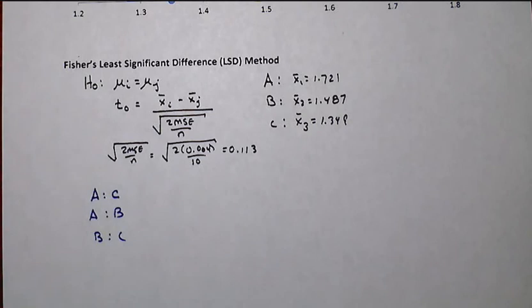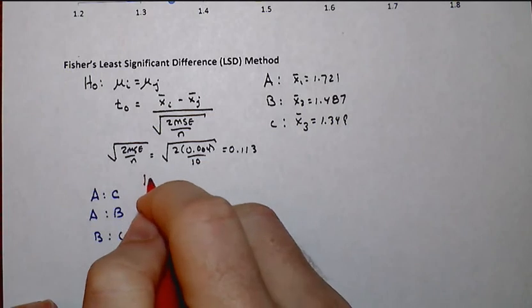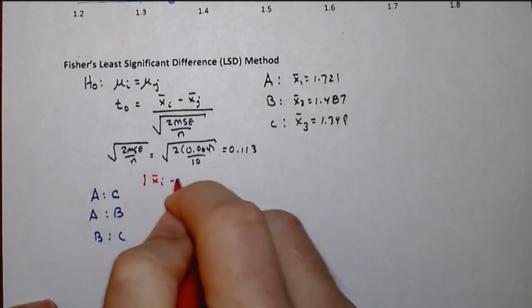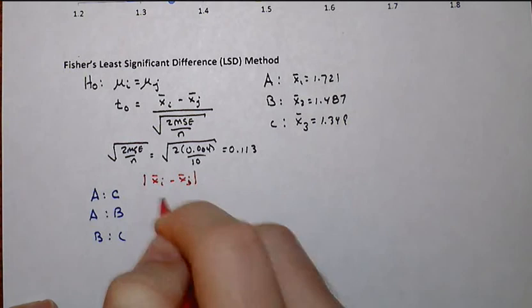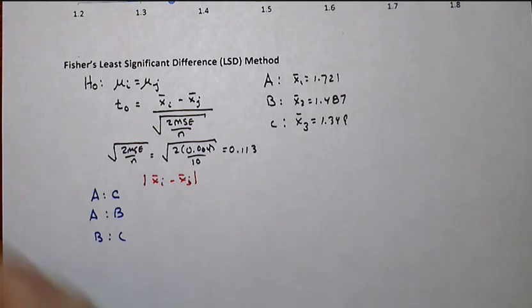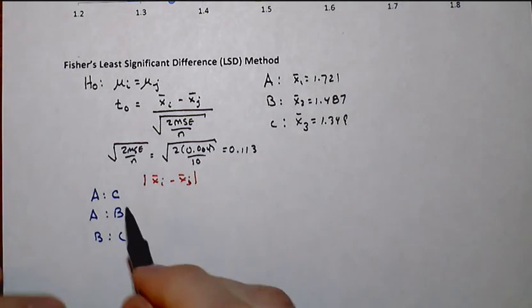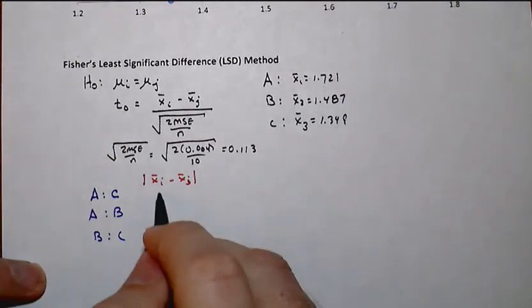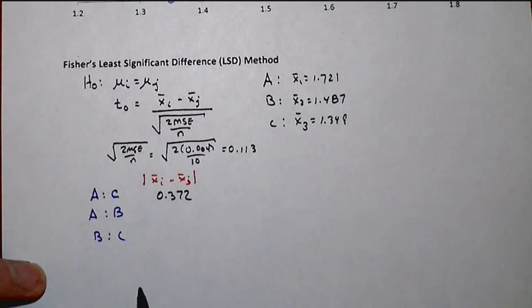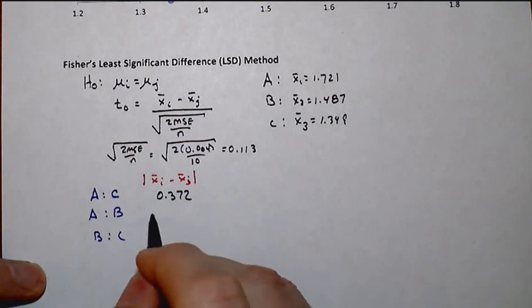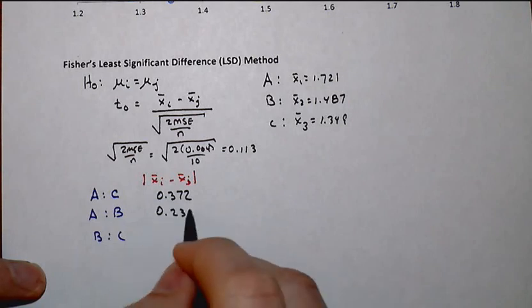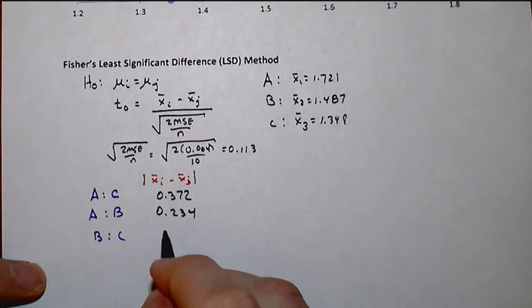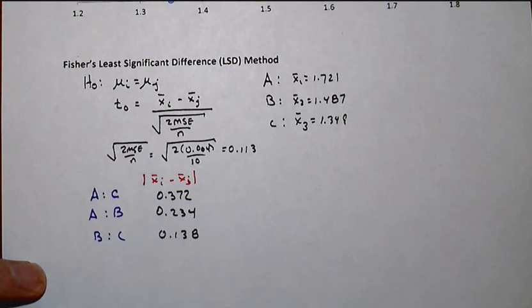And the difference in the means, let's just do an absolute value here, |x bar i minus x bar j|. For A compared to C, 1.721 minus 1.349 is 0.372. For A to B, we've got 0.234, and for B to C, we'd have 0.138.